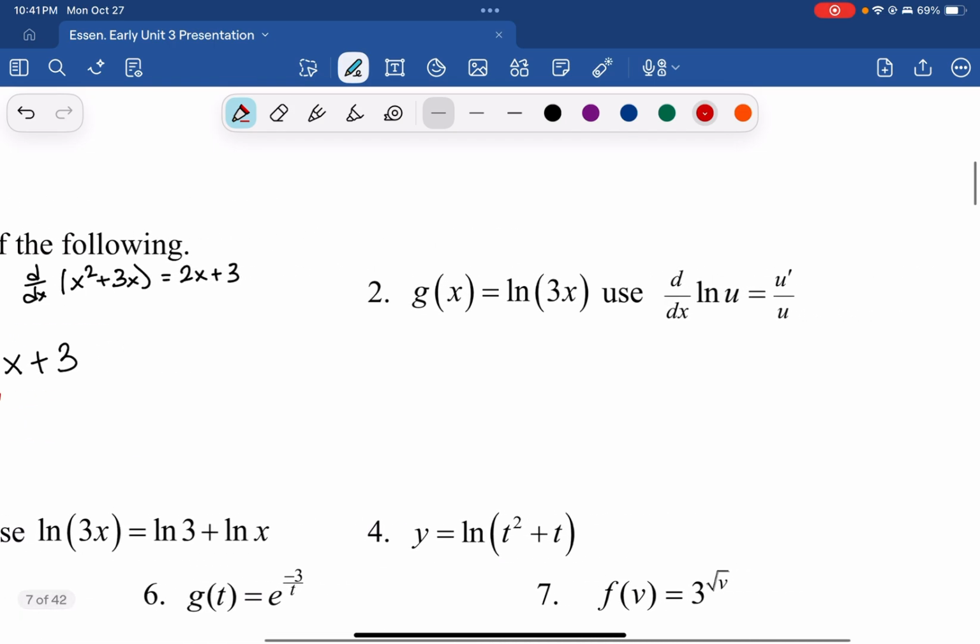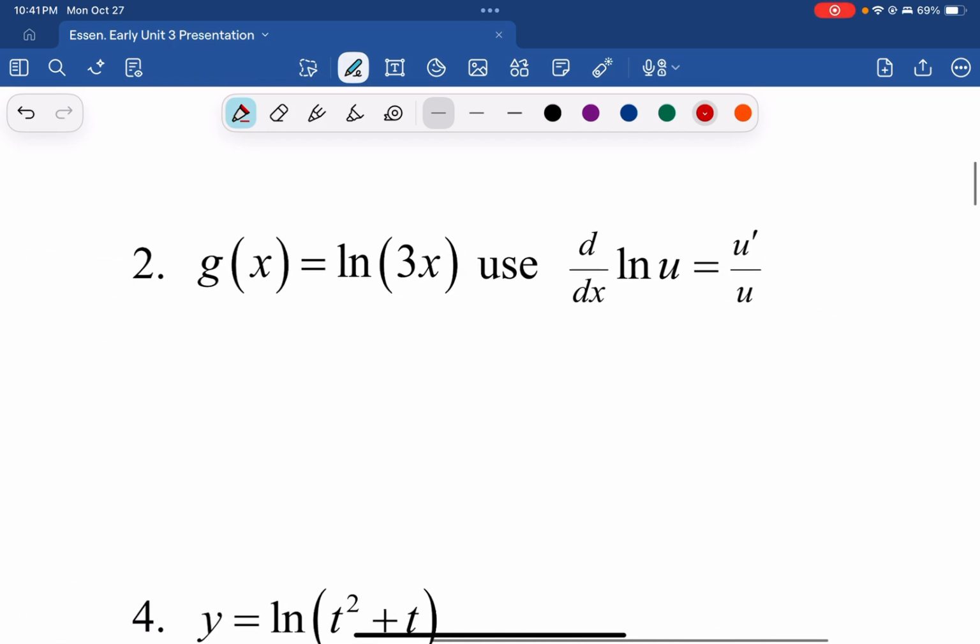Well, let's look at a natural log. g of x equals the natural log of 3x, and it says use the derivative of natural log of u equals u prime over u. So our u is 3x.